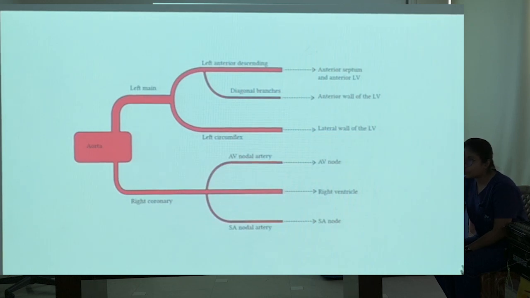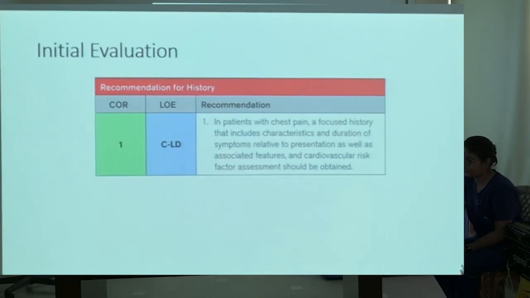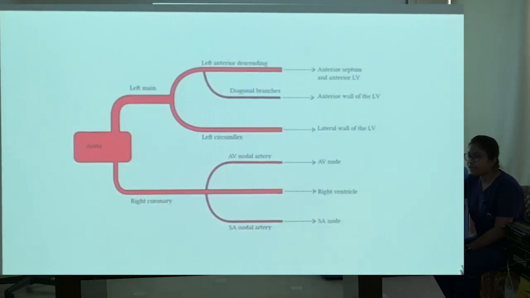This is a schematic diagram of the coronary circulation. The main branches from the aorta are the left coronary and right coronary arteries. The left coronary artery is further divided into two main branches: the left anterior descending, which gives diagonal branches as well as branches to the anterior septum and anterior wall of the left ventricle.